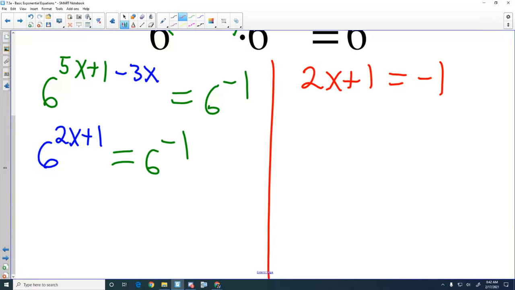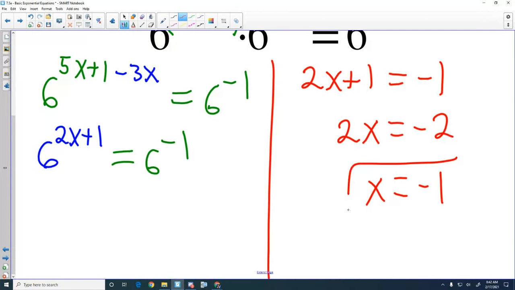If the bases are the same, then the exponents must be the same. Subtract 1 from both sides. 2x equals negative 2, and x equals negative 1. Are we okay with that concept? Hopefully it does draw upon those older exponent skills.